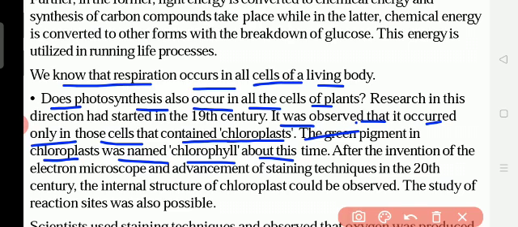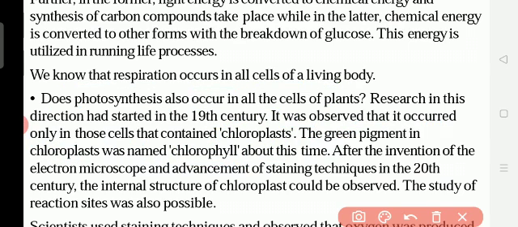So green color, chlorophyll, green pigment: if it is there, they can prepare the food. The green pigment in the chloroplast was named chlorophyll.